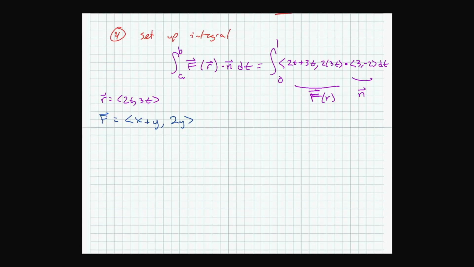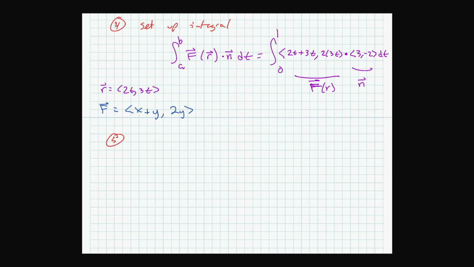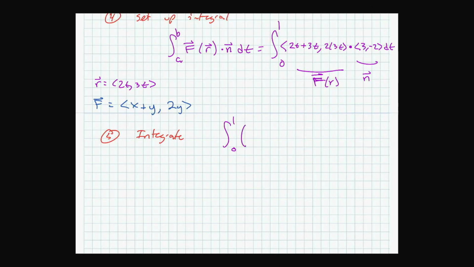So then you would integrate, and I'm not going to because of time, but what you would be integrating would be the dot product of these, right? So you would have to do 2t plus 3t is 5t times 3, plus 6t times negative 2.